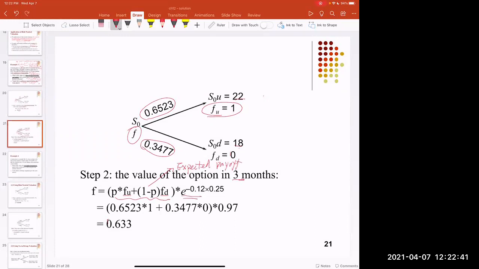This is continuous discounting. Since the payoff is 0 in the down case, the second component is 0. And you can find the option price, the value of the option is 0.633.